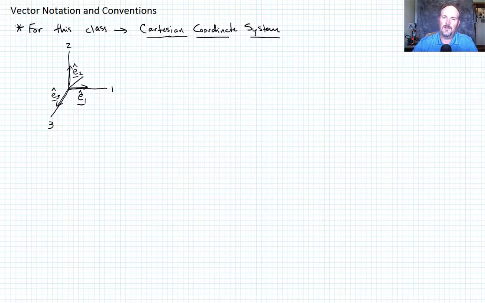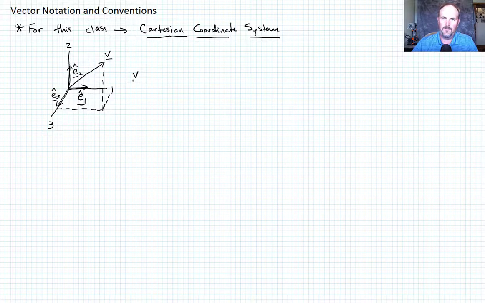So that if I were to draw some vector, we'll call it V, and then I can project it in space. Okay, something like that. We could write V as the linear combination of the magnitude in each direction, right?